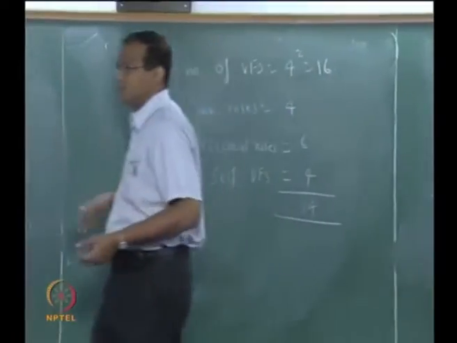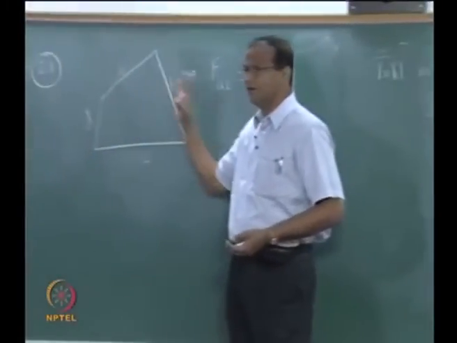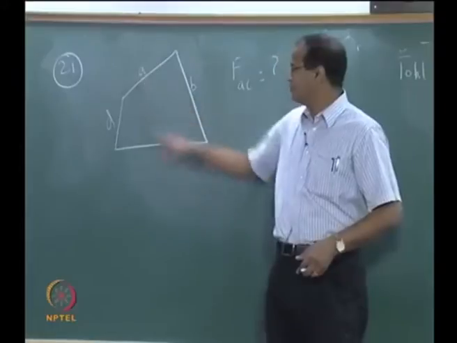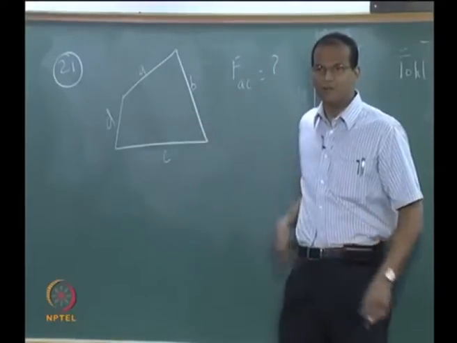But what are these 2? It is FA to C and FB to D. If you get FA to C, that same formula can be used.